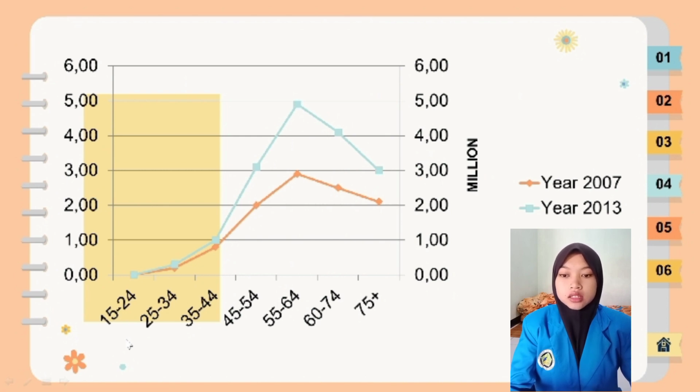At the age of 55 to 59, in the year 2007 there were as many as 2.90 million souls, while in the year 2013 there were as many as 4.90 million inhabitants, where the cases record the highest level.